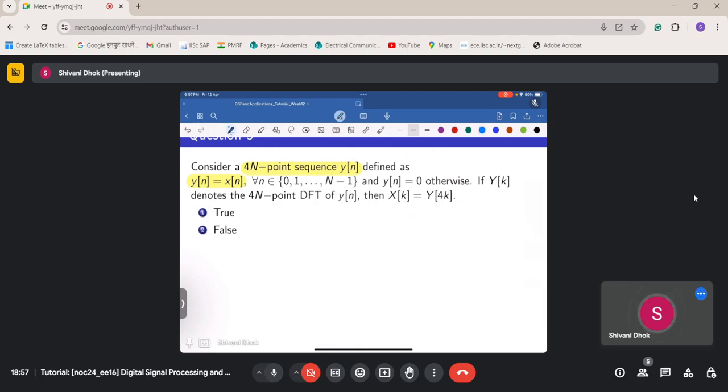So this y[n] is a sequence like x[0], which starts at 0, x[1], and so on till x[N minus 1]. Then we have 0 at location N, and so on, up to 0 at 4N minus 1. This is how the sequence y[n] looks.